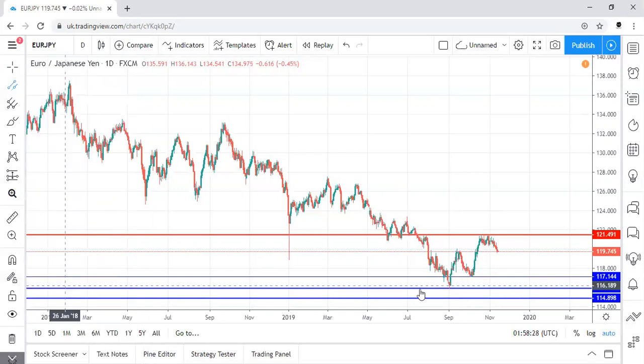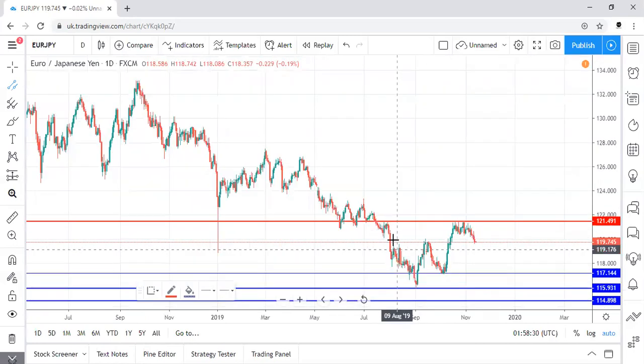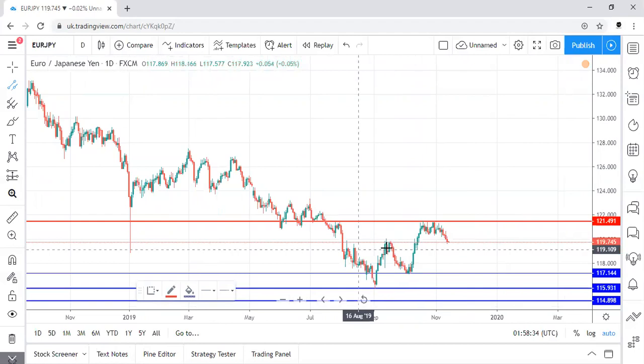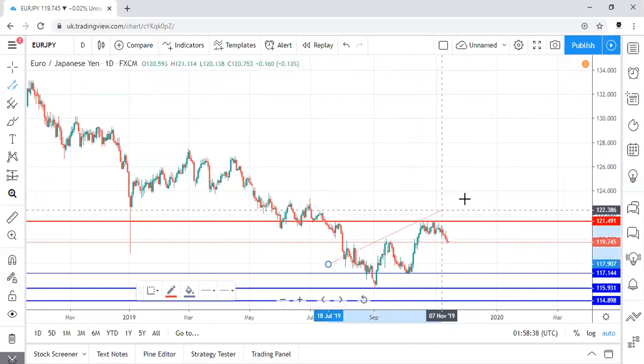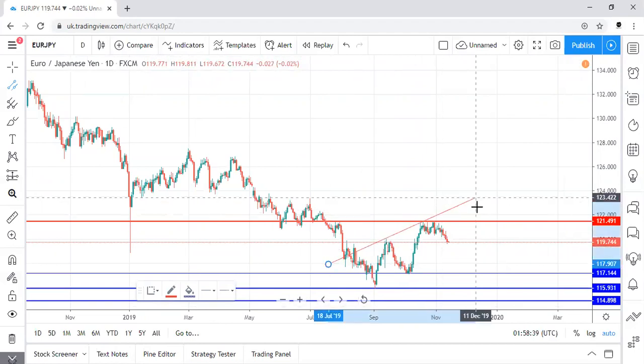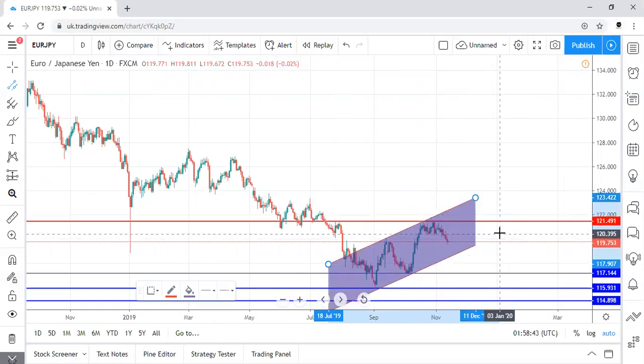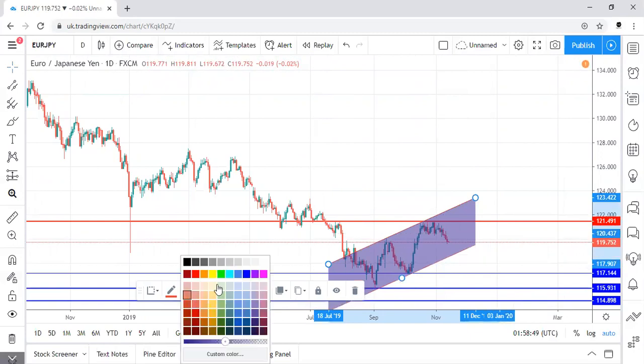Okay, I'm going to plot my parallel channel here at this price point. Then I'm going to drag it down here at this price point. But because I don't like the color inside here, I'm just going to change it to a clear white color if it's available.